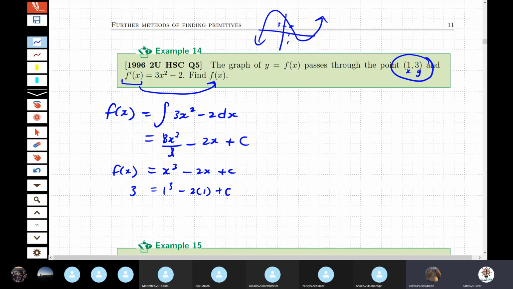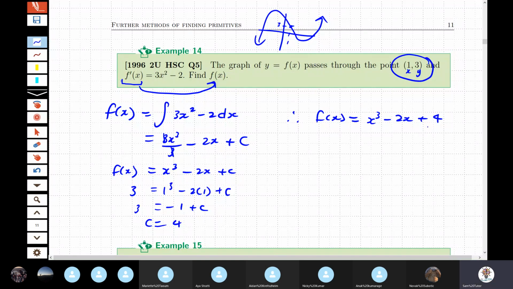C. You actually can find C. 1 take away 2 is negative 1. C is equal to 4. Therefore, f of x equals x cubed minus 2x plus 4.